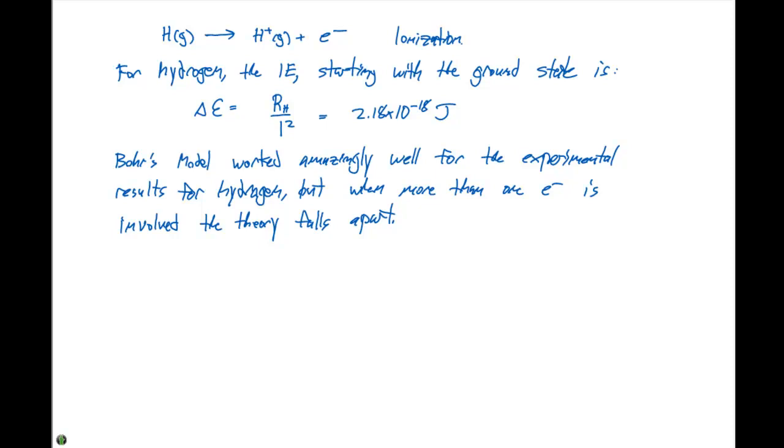So this works amazing for hydrogen. We can explain everything in the hydrogen line spectrum, but when we try to apply this to something like helium, it completely falls apart. It doesn't work.